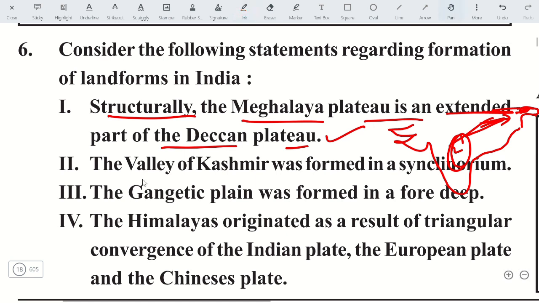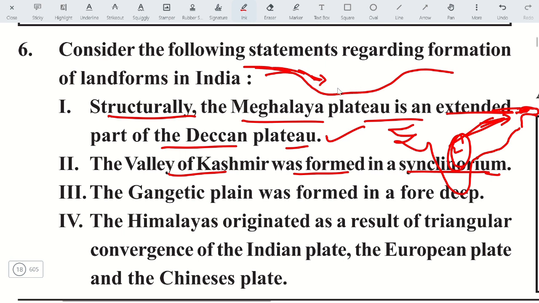Let's see the second statement: the valley of Kashmir was formed in a synclinorium. Yes, it is also correct. What is a synclinorium? If rivers deposit their sediments here, and other rivers coming from here also deposit their sediments here, this is called a synclinorium. The other statement is that the Gangetic plain was formed in a foredeep.